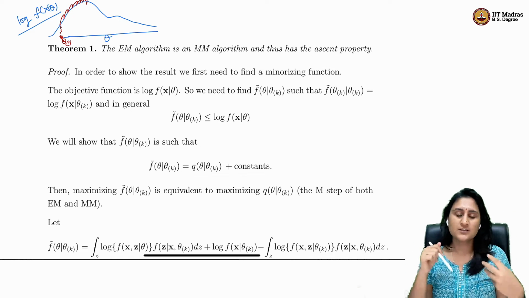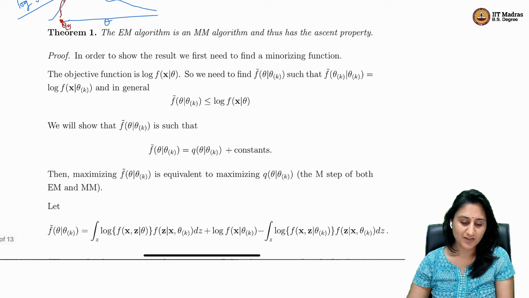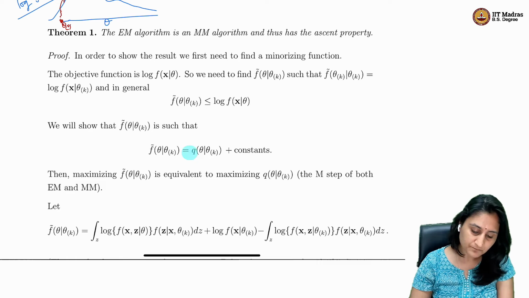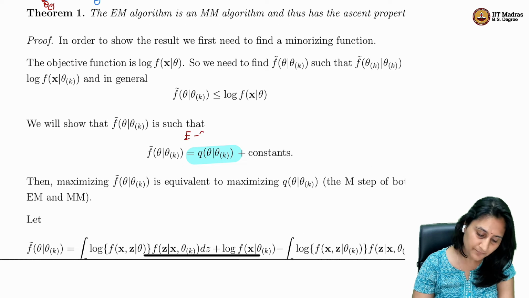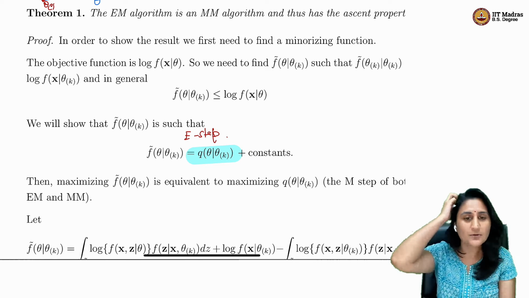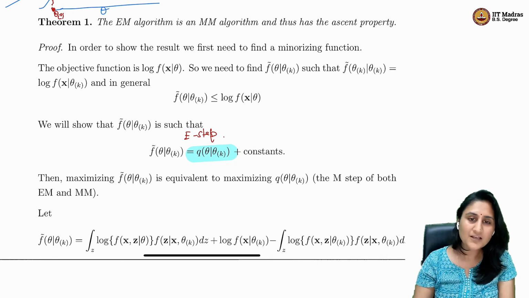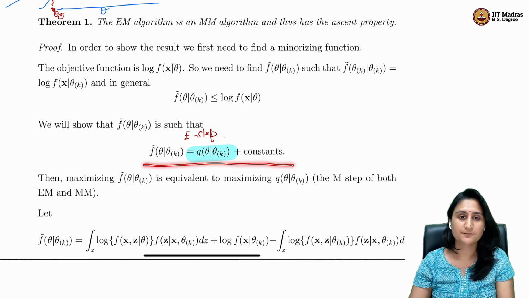And what the proof of this theorem depends on is to show that one such minorizing function, f tilde of theta given theta k, is q of theta given theta k plus some constants. So what is this q? This q is nothing but our E step, right? And so what we show is that the E step function q plus some constants is a minorizing function.